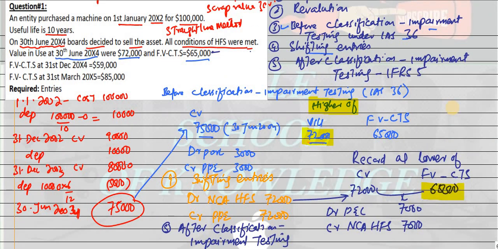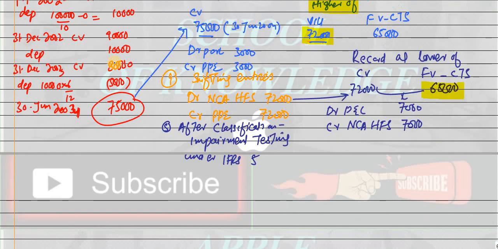now the fair value less cost to sell on 31st December, because we don't have further depreciation, will be this amount. This amount is on 31st December 2004. Okay, now on 31st December 2004, fair value less cost to sell is this amount.